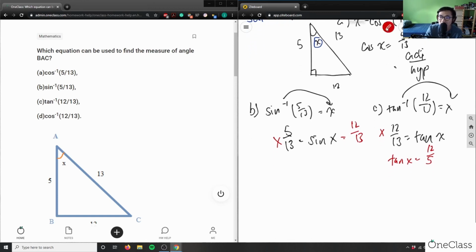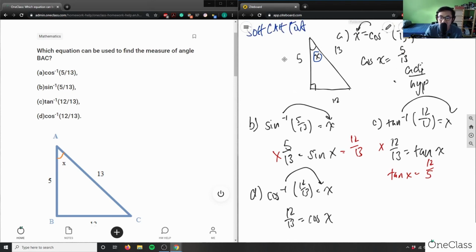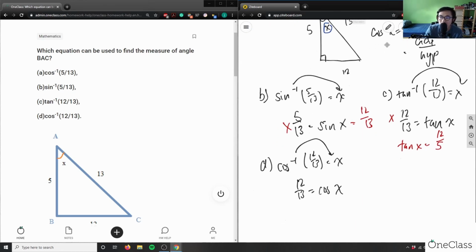Let me double check D for you. D states cos inverse of 12 over 13 equals x. If I move cos to the other side, I get 12 over 13 equals cos x. But cos x is adjacent over hypotenuse, 5 over 13, not 12 over 13.